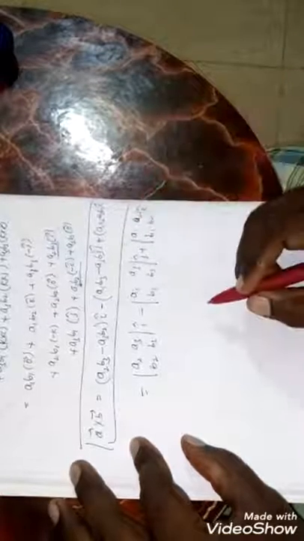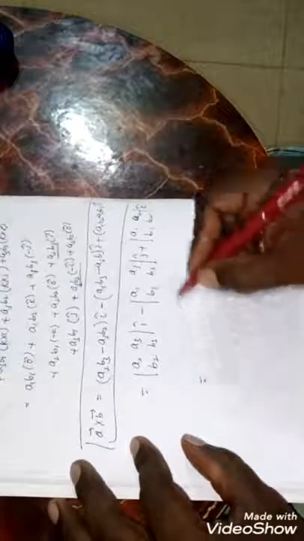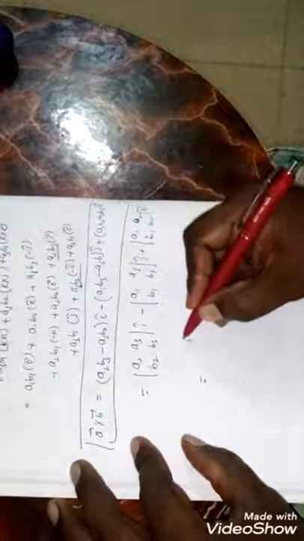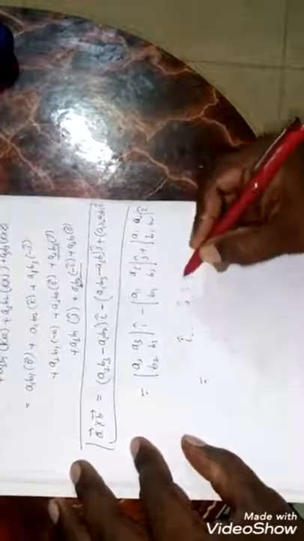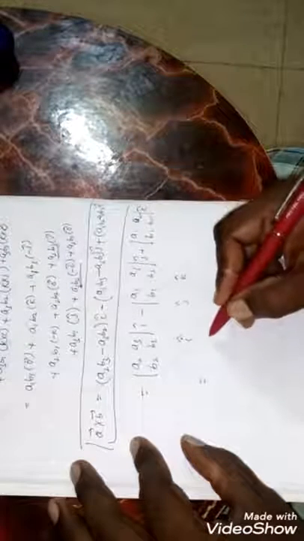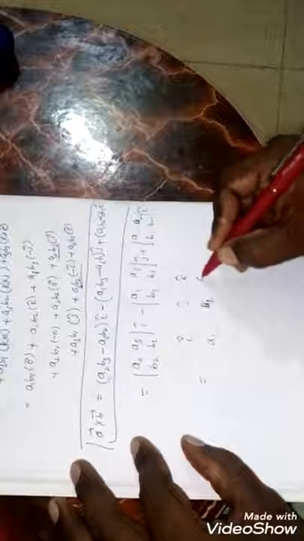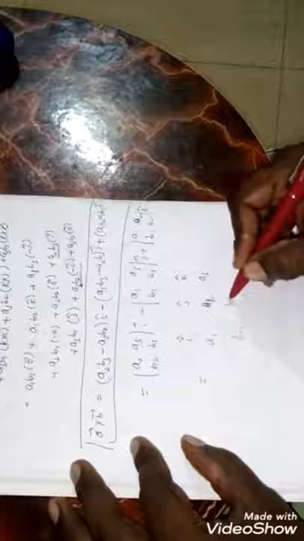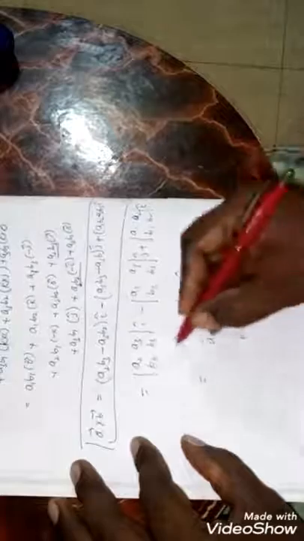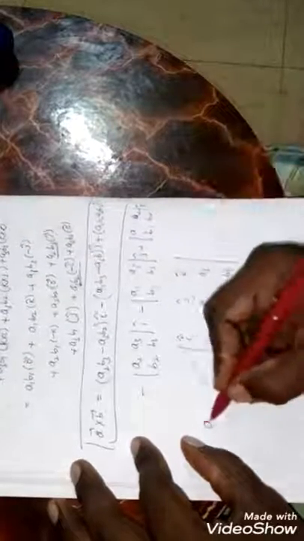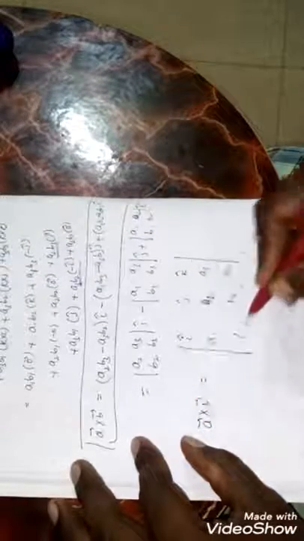Now it is nothing but the expansion of a determinant with respect to I, J, K. If I take I, J, K in the first row, now what you are going to get? A1, A2, A3 in the second row and B1, B2, B3 in the third row. This you have to remember for the simple expansion of A bar cross B bar.